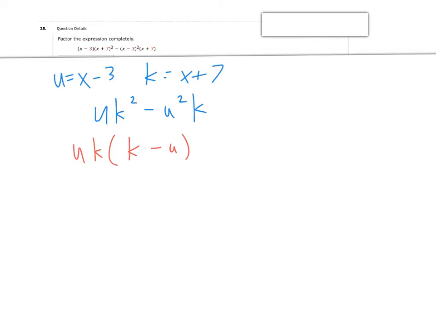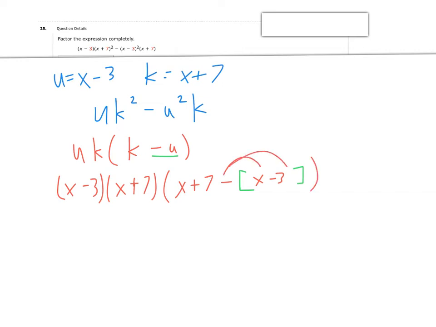So now I don't see any more factoring I can do, so I'm going to reinsert here. So I got x minus 3 for u, x plus 7 for k, and then the next k here is going to be x plus 7 minus, and this is the really tricky part, we have minus u right here, so I got to do a bracket for my x minus 3 in there, because I got to distribute this negative, so that's going to be negative x plus 3, which then if I combine like terms, the x's actually cancel out, and I'm left with 10 here, times x plus 7, x minus 3.